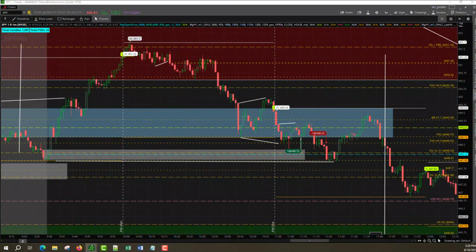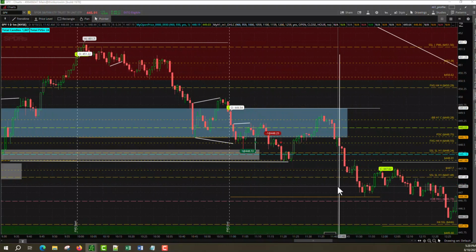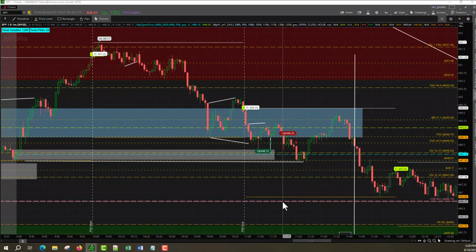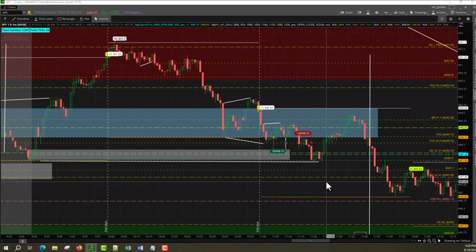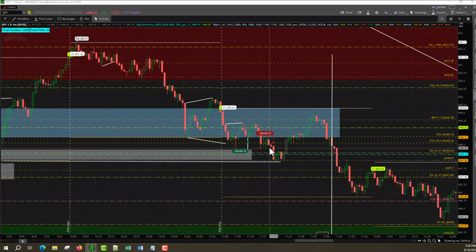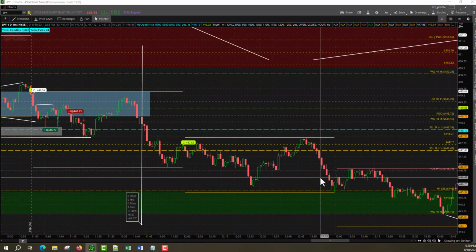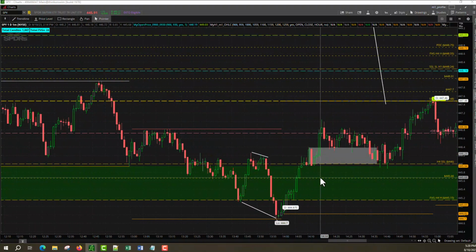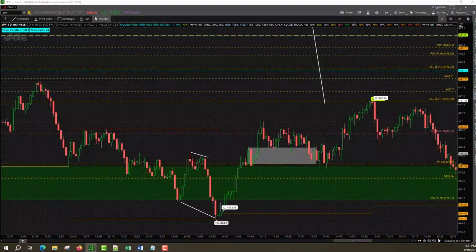Let me see. Yeah, we're still above that level, just below. But anyway, we learned the lesson right there. We should wait a little bit more if we want to go long. Let it clear the buy side liquidity. Yep.